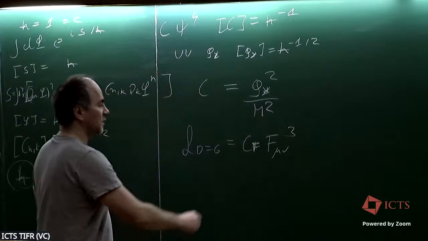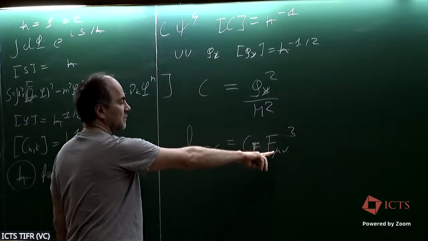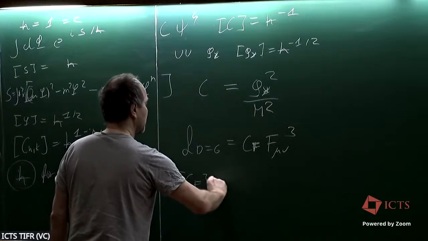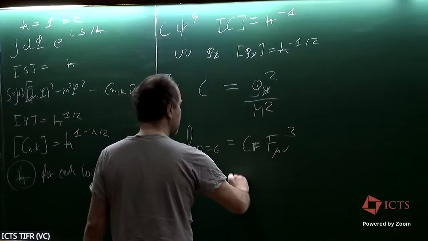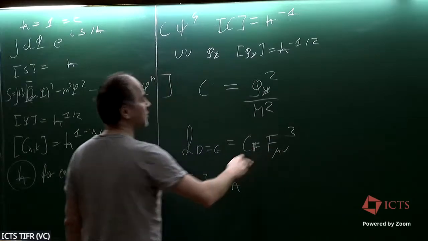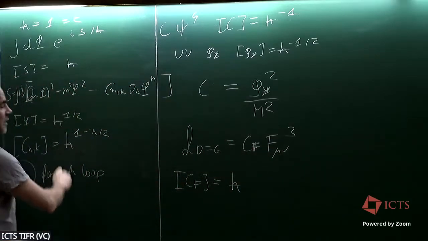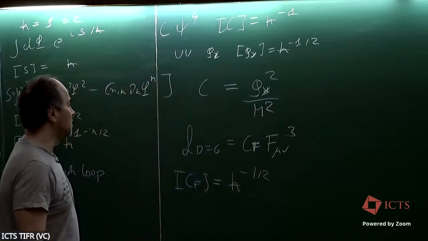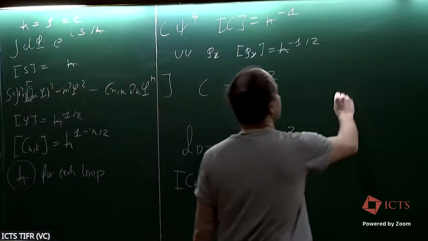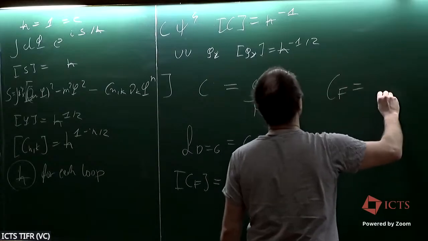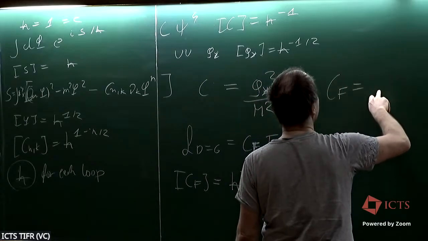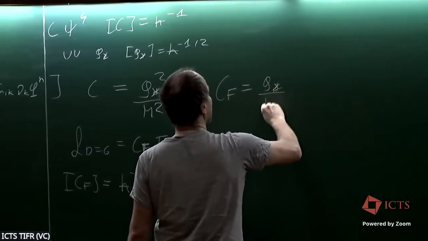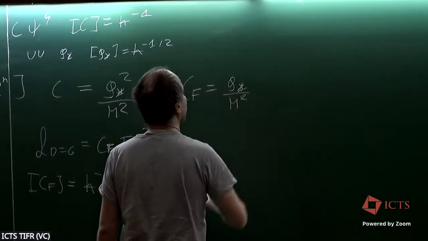In this case, n equals 3, you have three fields here, so the counting of the Wilson coefficient is h-bar to the minus 1/2. Now if you want to match it to a UV theory at tree level, you would have to write C_F is g_* over m².